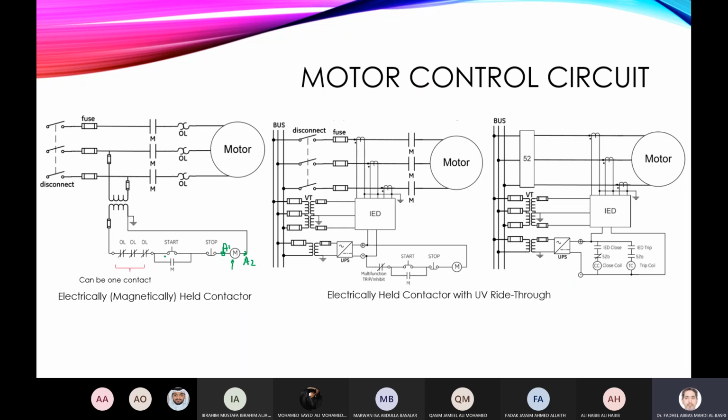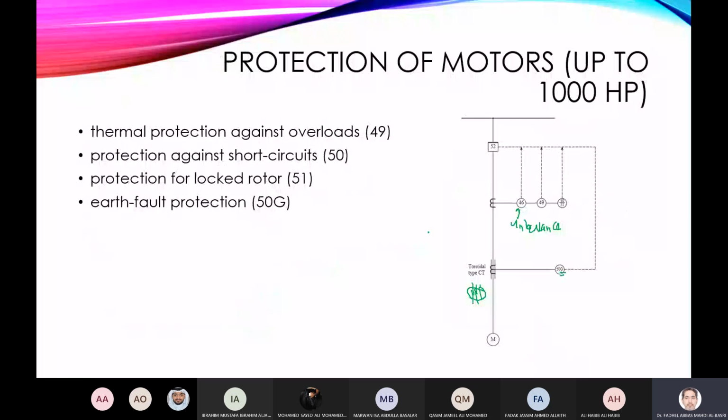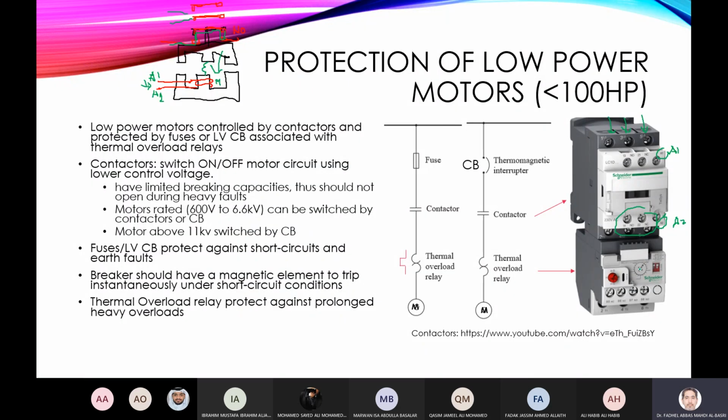How do I energize it? I will take the line to a start push button, then to a stop push button in series. So when I close this start, a voltage will be applied to the coil, so the contactor will be closed. And at the same time, I can use an auxiliary contact. This is another contact from the contactor, which is one of the auxiliary contacts, normally open.